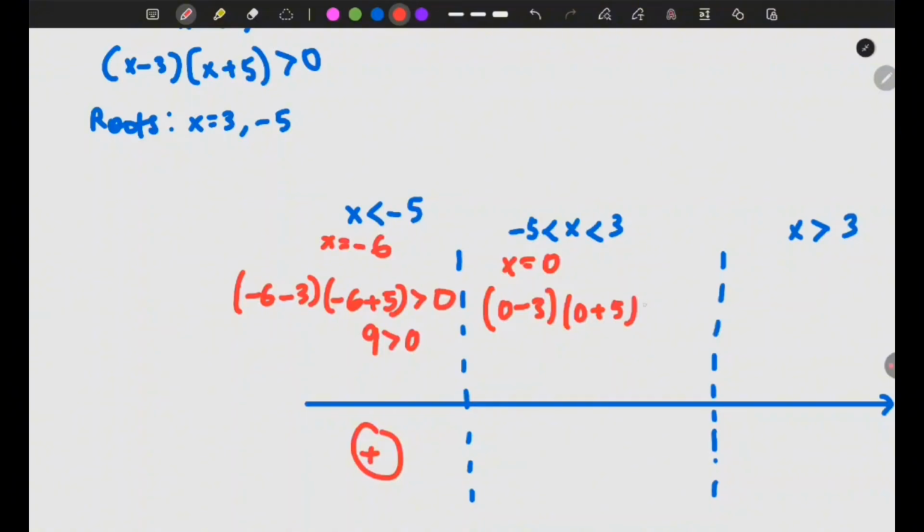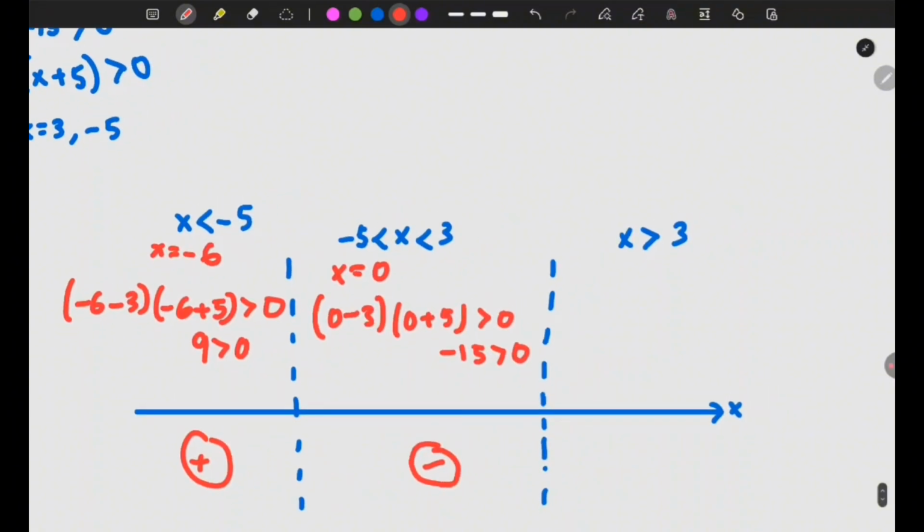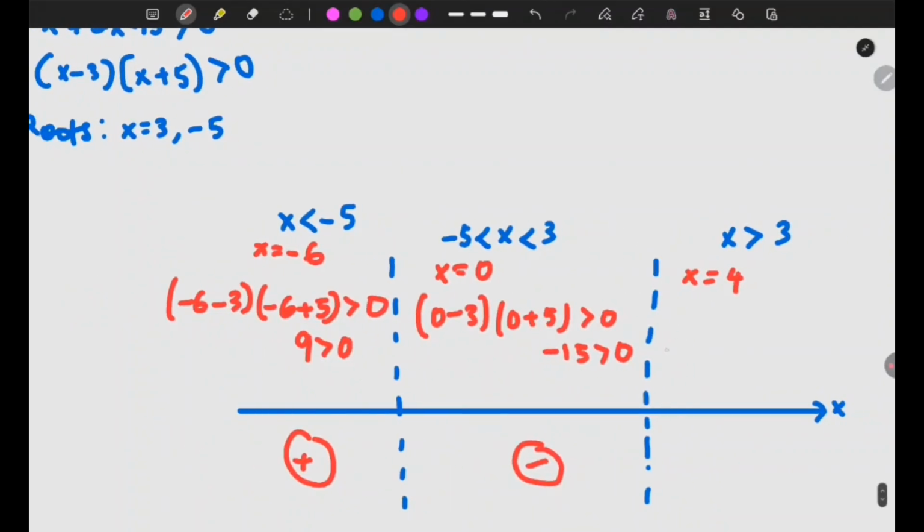What about for this? Anything that's more than 3? Maybe 4. So 4 minus 3, 4 plus 5, and this is more than 0. So 4 minus 3 is 1, 4 plus 5 is 9. 9 more than 0? Yes, it's correct, and it's a positive answer. And of course, you will choose the correct ones.